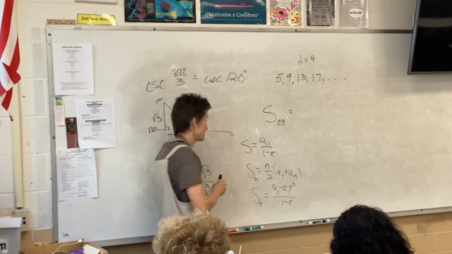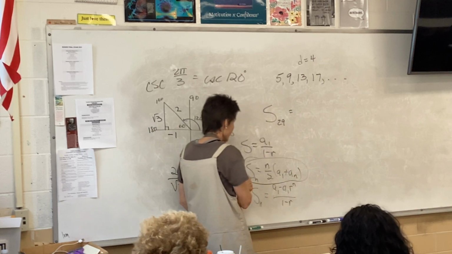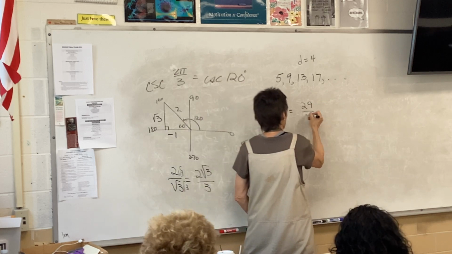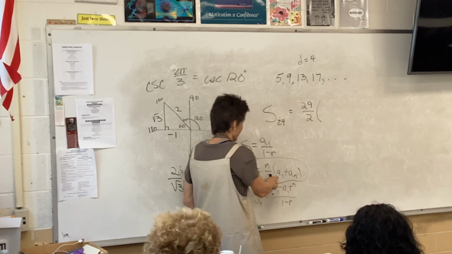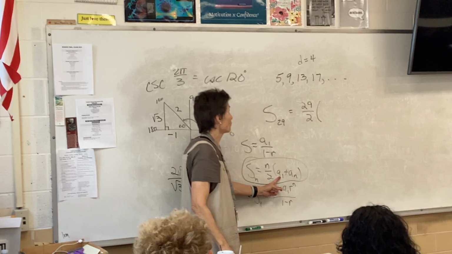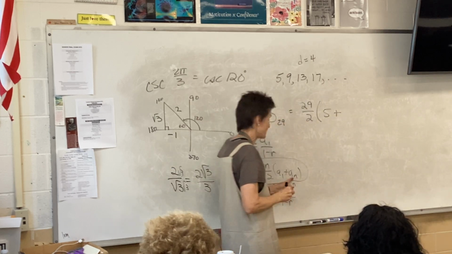Second one. This is arithmetic. So according to the formula, the sum of 29 terms is 29 over 2. What does a sub 1 stand for? First term, which is 5, plus, what does this mean?